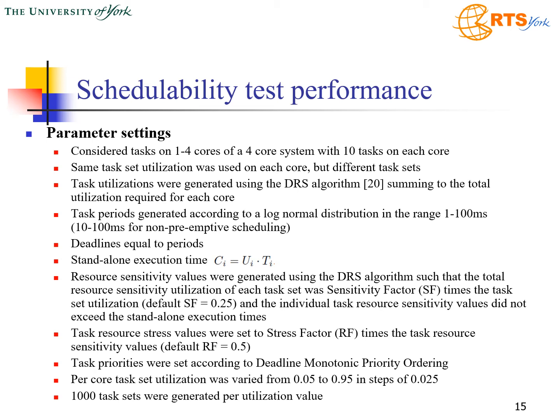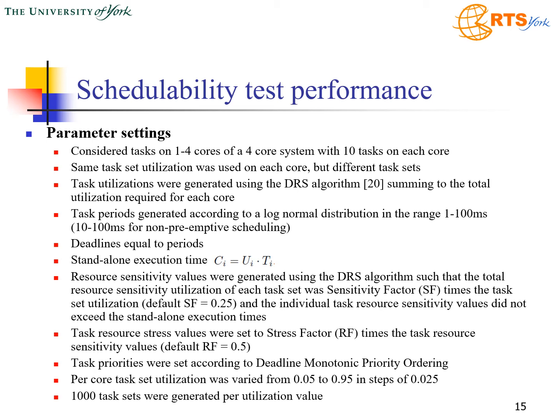Resource sensitivity values were generated such that the total resource sensitivity utilisation, if you like, was set to some factor times the task set utilisation, and the default was 1/4 of the task set utilisation. We also ensured that the individual task resource sensitivity values did not exceed the task standalone execution times.